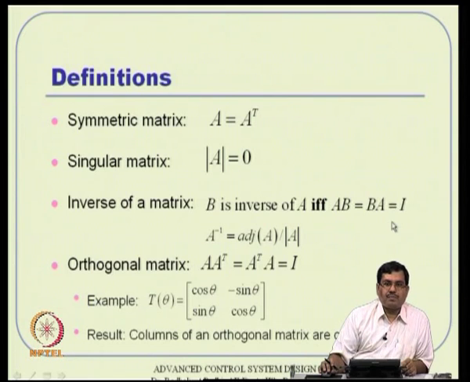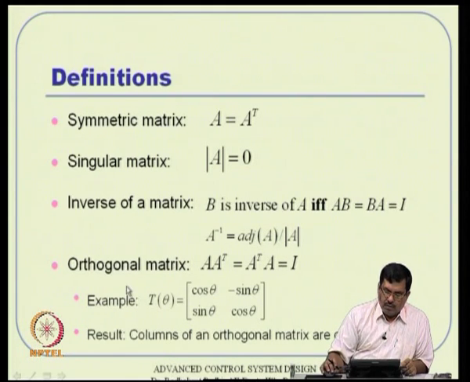The inverse of A is typically given by this formula, but AB equal to BA equal to I serves as the definition. A inverse happens to be adjoint of A by determinant of A. I am very sure you know what the adjoint of A is: you have to find the minors, the cofactors, and then take the transpose. I think that is known to all of you.